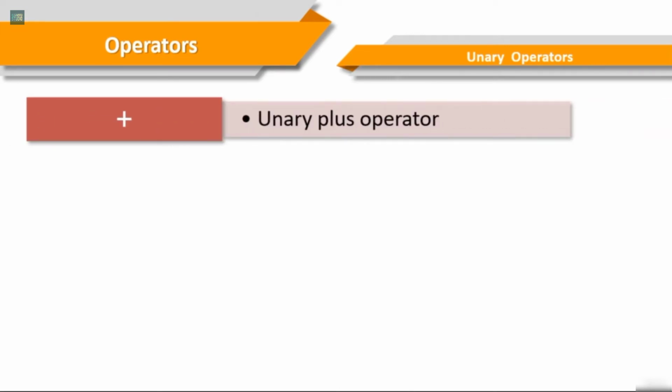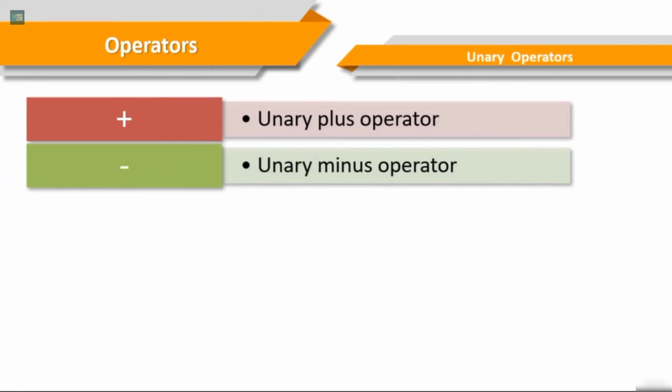Well, there's the plus. This is the unary plus operator. It's used for giving positive values, naturally. But it's only used when deliberately converting a negative value to a positive. And this is the unary minus operator, and it's used for negating values. Double negatives, yeah.